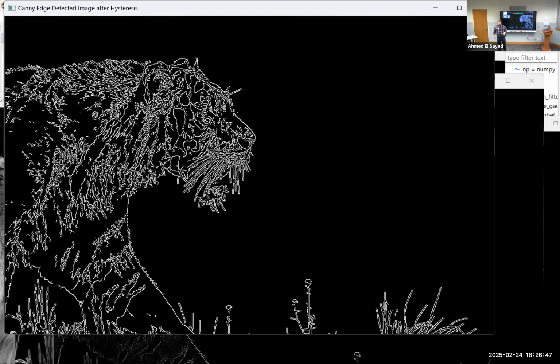Okay? How can I change those edges, increase the edges or reduce the number of edges? As we stated last time, what are the parameters I need to play with? We have literally three parameters.